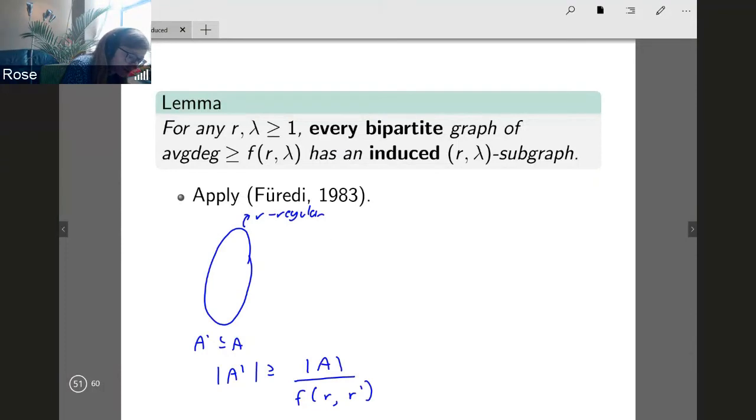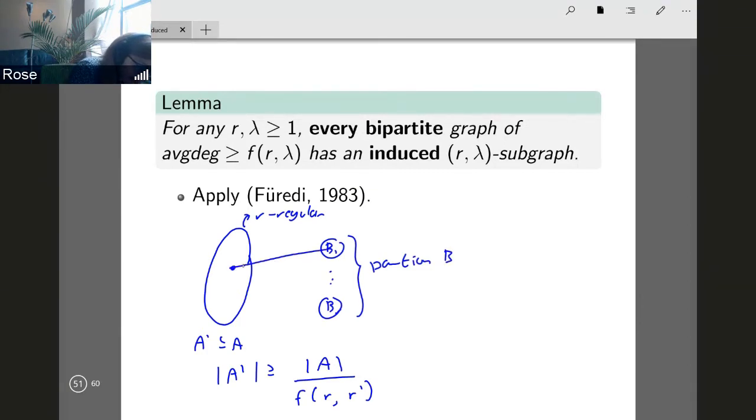So without losing too much of A, we can partition B into R parts so that every vertex in A has exactly one neighbor in each part. And so that another Ramsey type condition holds.